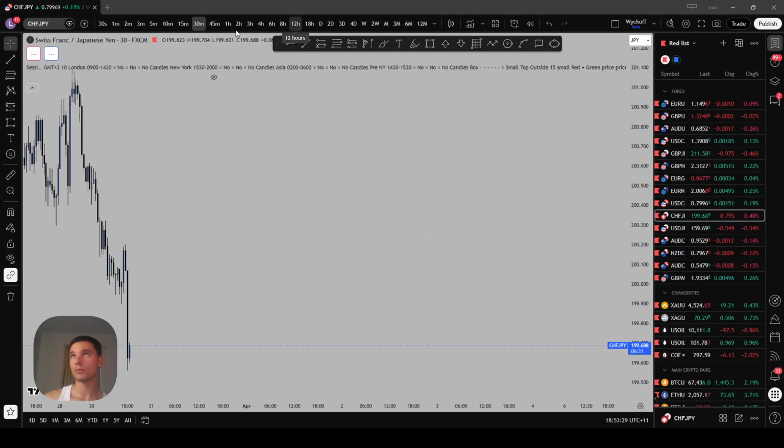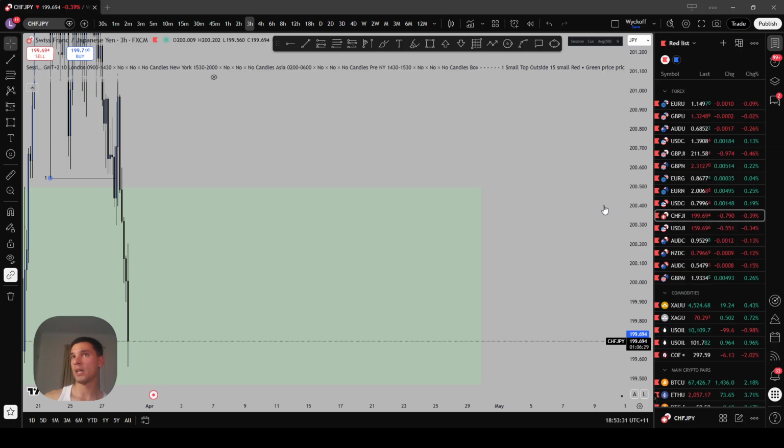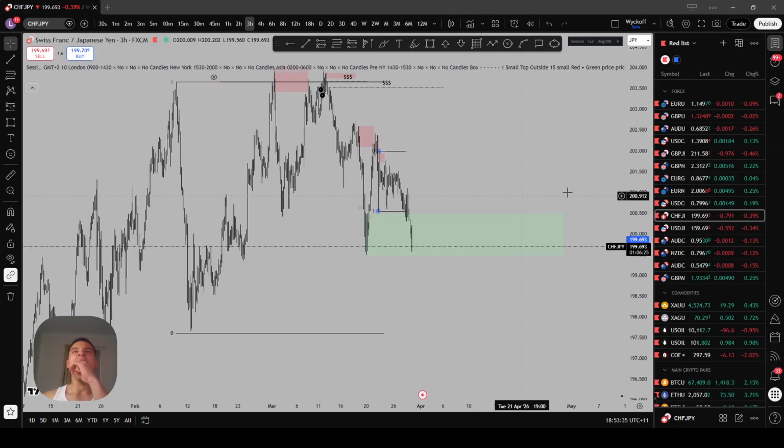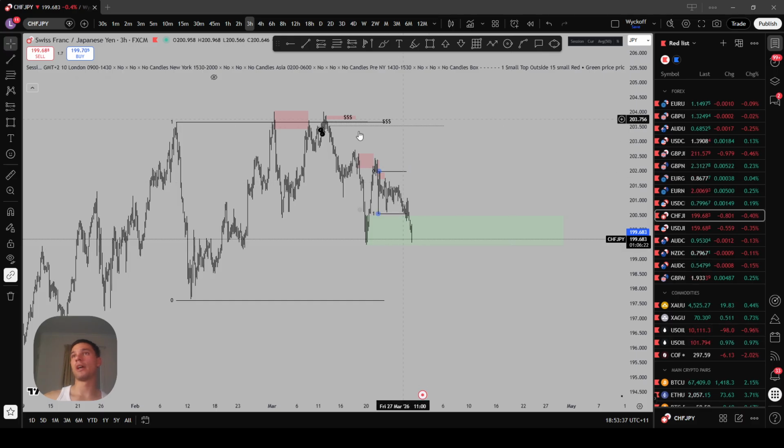What is happening here? Ran through. Absolutely ran through. We have obviously confirmed this 3-tap distribution schematic.